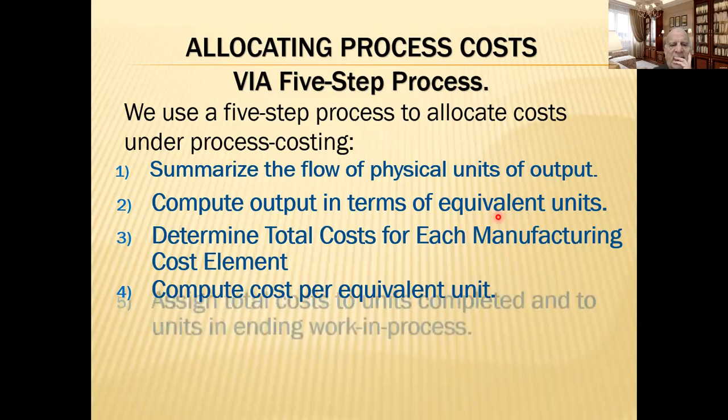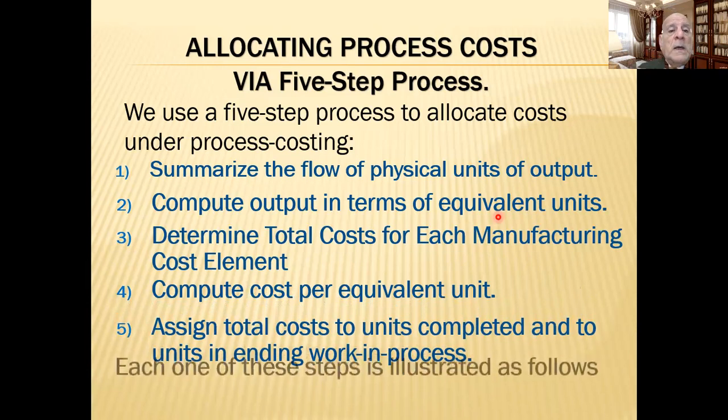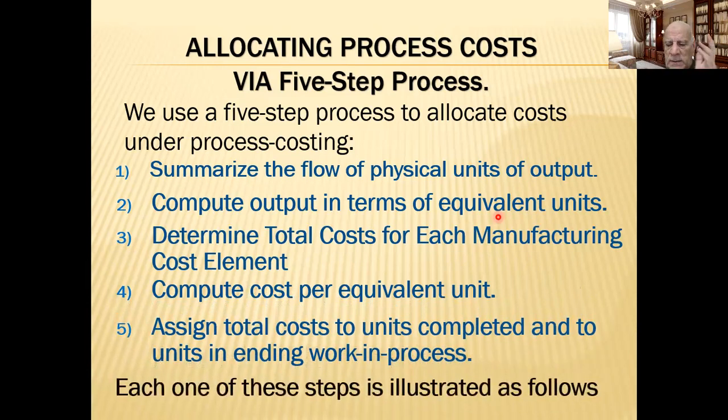And at last, assign total costs to units completed and to units in ending work in process, as we will see now. We will illustrate each step of these 5 steps in detail.